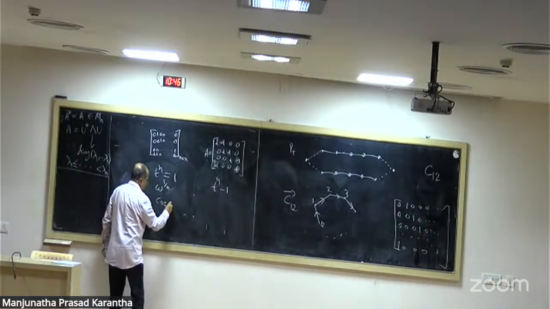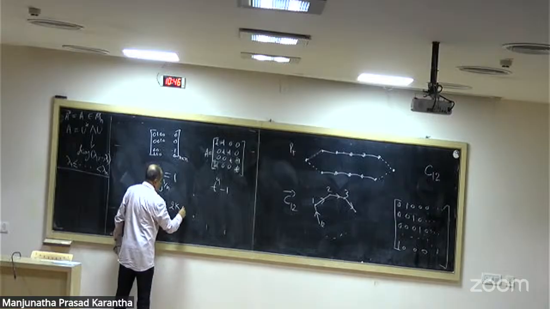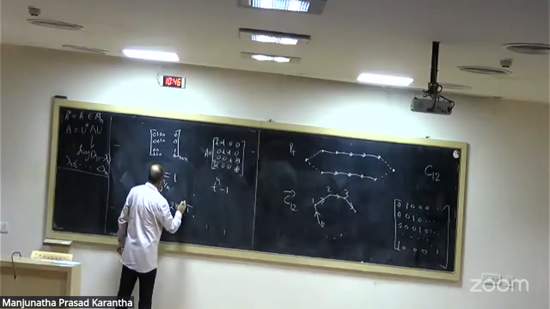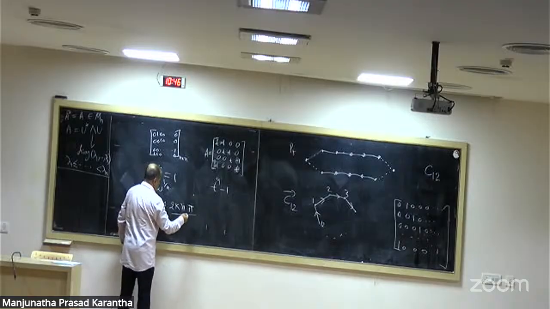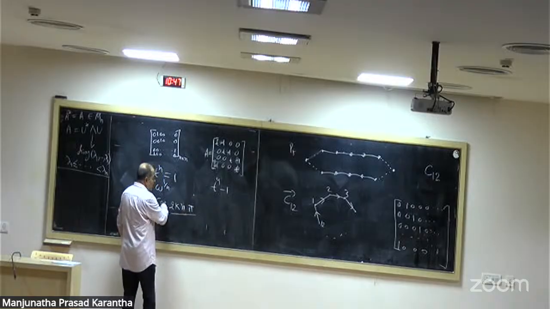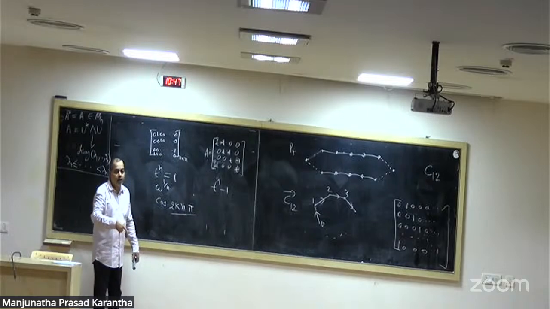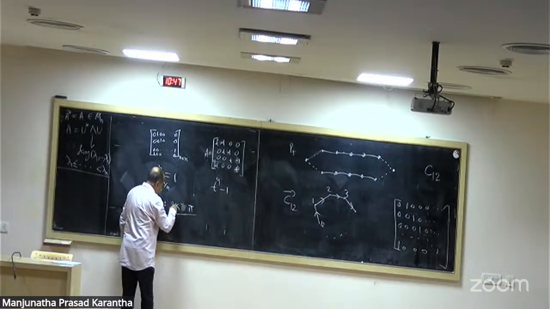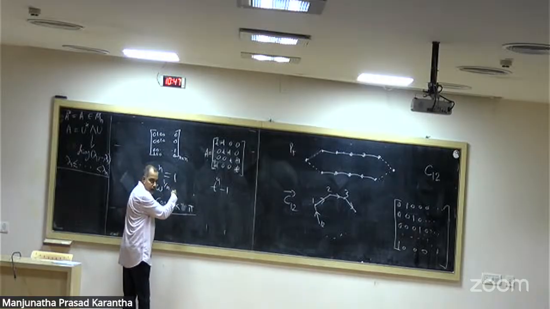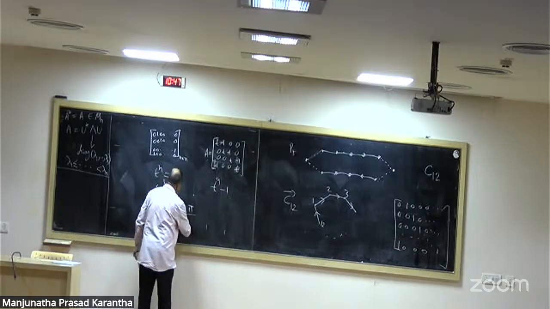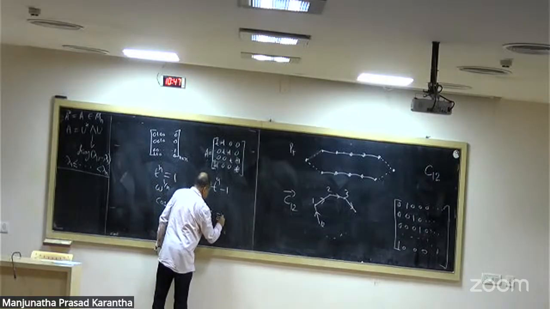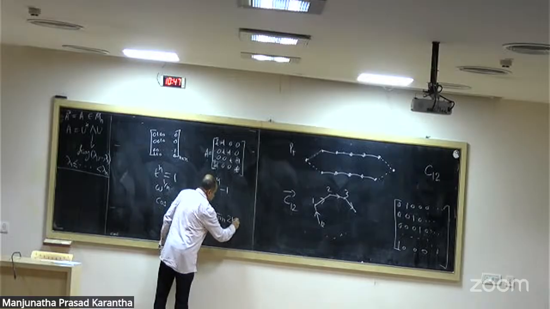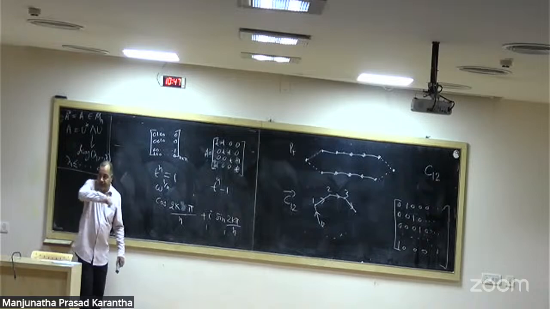For k, I write cos of 2πk divided by n, plus i sin of 2πk divided by n. That is it.